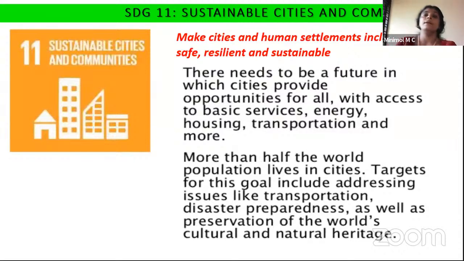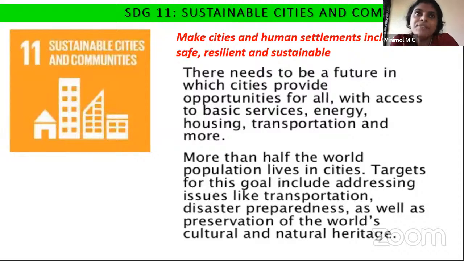SDG 11 is for sustainable cities and communities. It aims to make our cities and human settlements inclusive, safe, resilient, and even sustainable. You know, more than half of the world population now lives in cities.